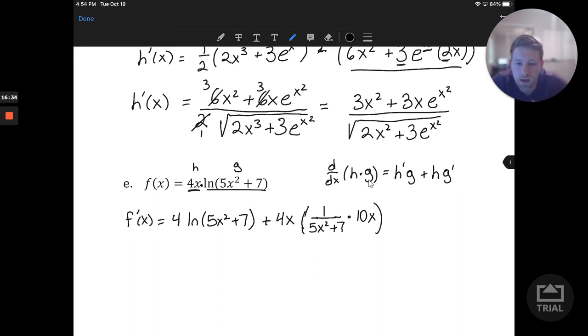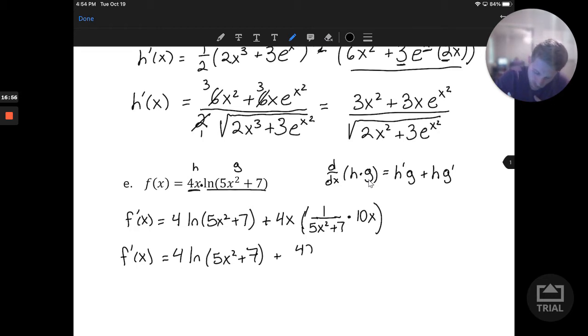If we wanted to just rewrite this one more time, you can. Just to clean it up a little bit, f prime of x is going to be 4 natural log of 5x squared plus 7. And then you have the 10 and the 4, 10x and 4x give you 40x squared divided by the 5x squared plus 7.